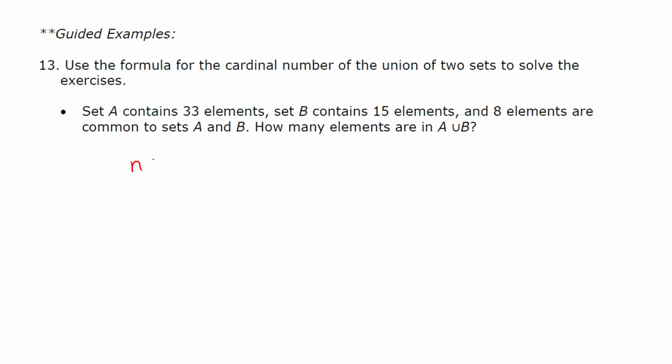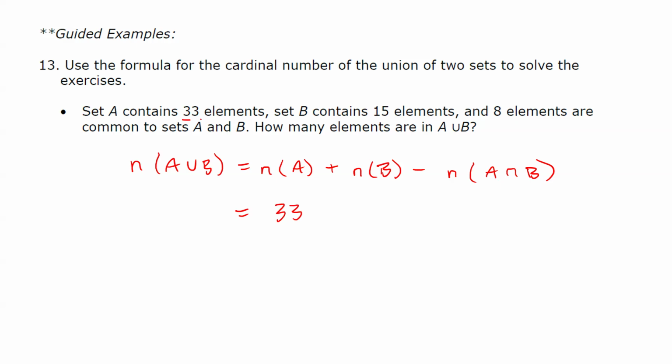So our formula is as follows. We have the number of set A plus the number of B minus the number of the intersection of A and B. The number of elements in A, they said, was 33. That was given here.